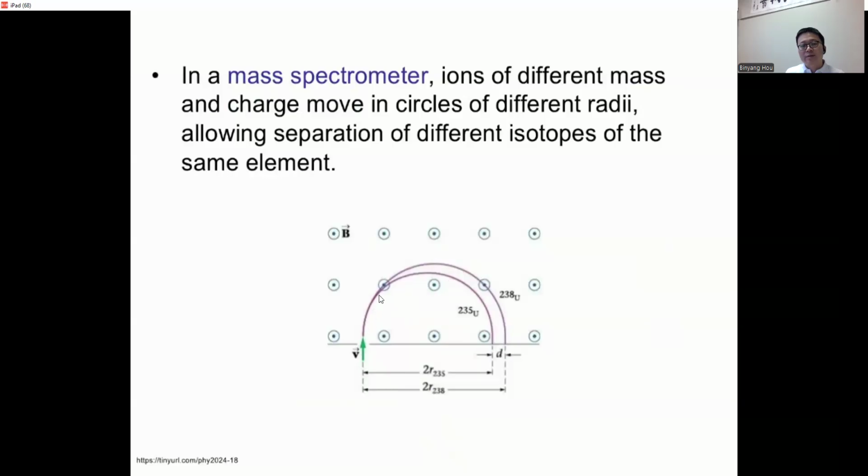When the charges come out, they come out at different locations, which means a different radius of the semicircle on the other side. If you have isotopes with the same charge, you can distinguish which one is which isotope just by looking at the radii.